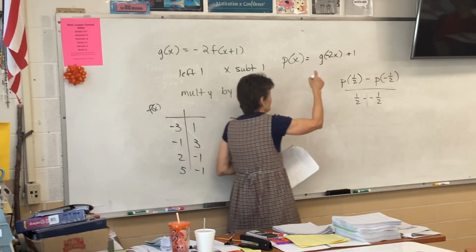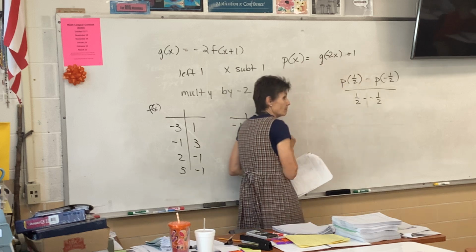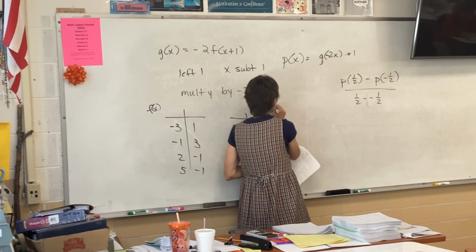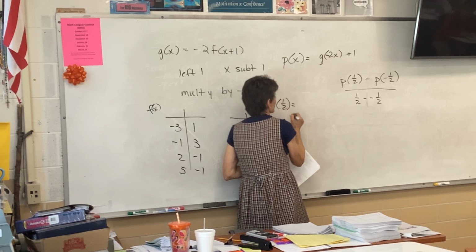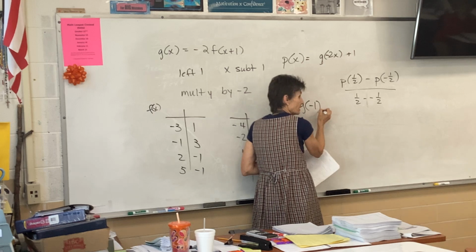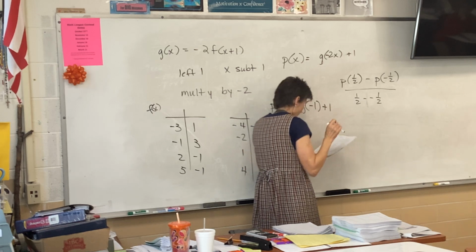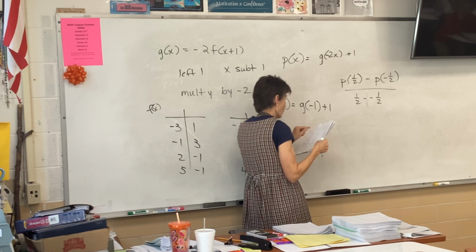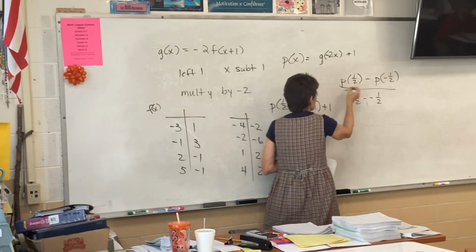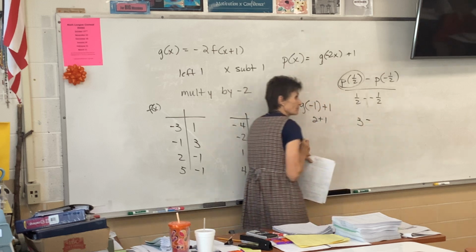So this is P. Now I want to find P of 1/2. So P of 1/2 is going to be g of negative 1 plus 1. And g of negative 1 is 2. So this number is 3. Is that okay?